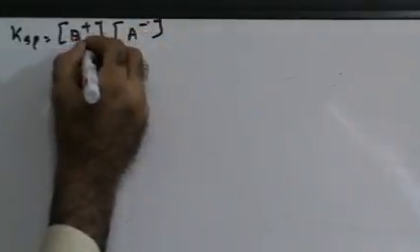Now this K into constant can be written as KSP, or this can be called your solubility constant. This is your KSP. So KSP is the active mass of B plus into the active mass of A minus in aqueous state.